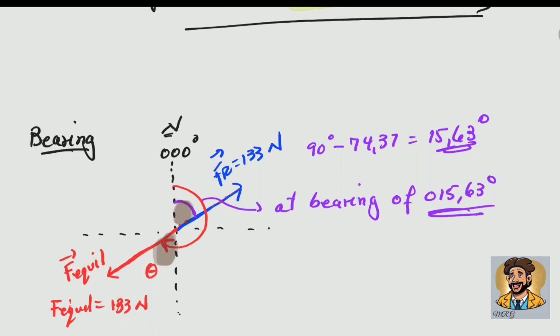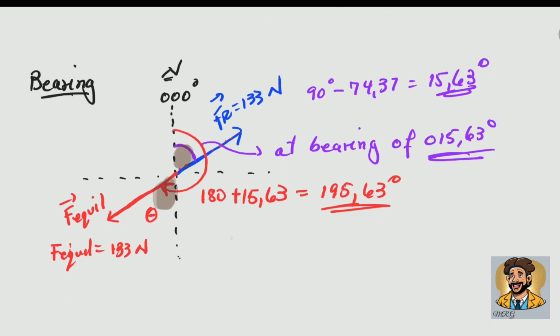They are opposite to each other. So this angle here is 15,63. So what is the bearing? If we do calculation, this is 180 plus that specific 15,63. And that will be equal to 195,63 degrees. That is the bearing.